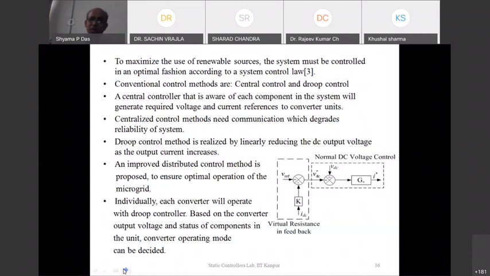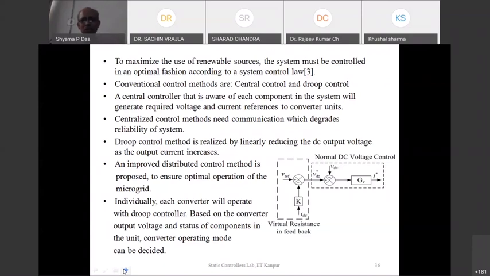Now, if you see this block diagram, we have three voltage sources, and each voltage source has a reference. And the reference has to be 120 volt, because we want the microgrid to have 120 volt. But 120 volt is an ideal situation. We cannot guarantee that our grid will remain at 230 volt all the time.